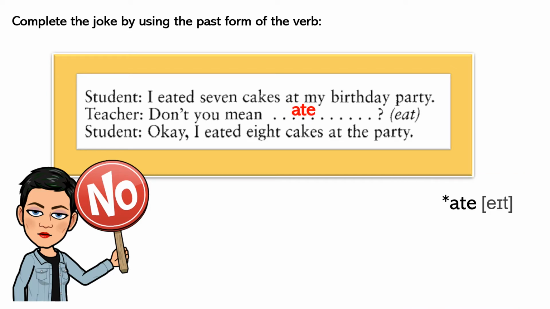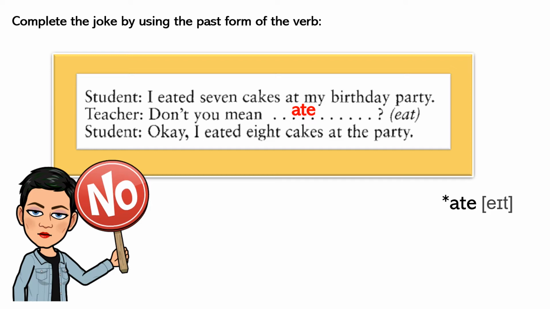So let's have a look if your answer is the same as mine. I ate 7 cakes at my birthday party. Don't you mean 8? Okay, I ate 8 cakes at the party. What did the teacher actually correct? What didn't the student understand?